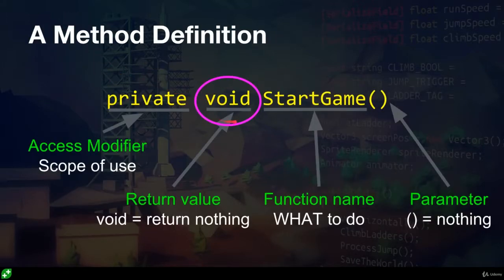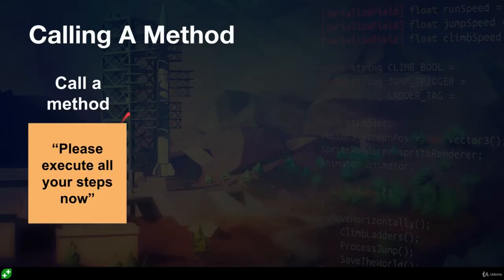Now let's talk about return types. That's the other concept in this lecture. If we have void, which is what we've been using, so private void start game, that means there's no return type. It returns nothing when we call this method. What do we mean by that? Well, when we call a method, for example, in the previous section we called start game, and that said, okay, do all the things associated with start game. So please execute all of your steps.